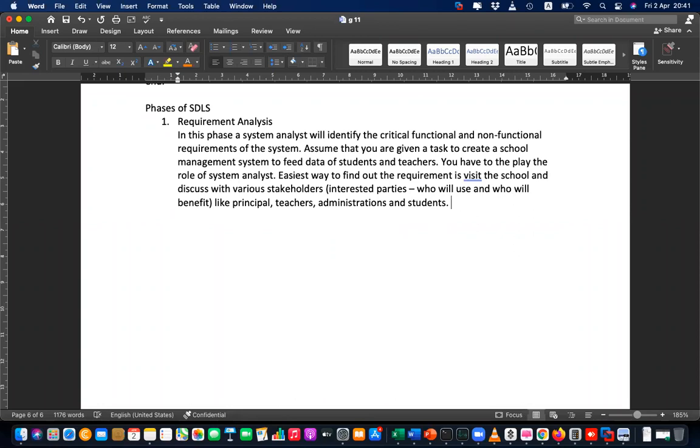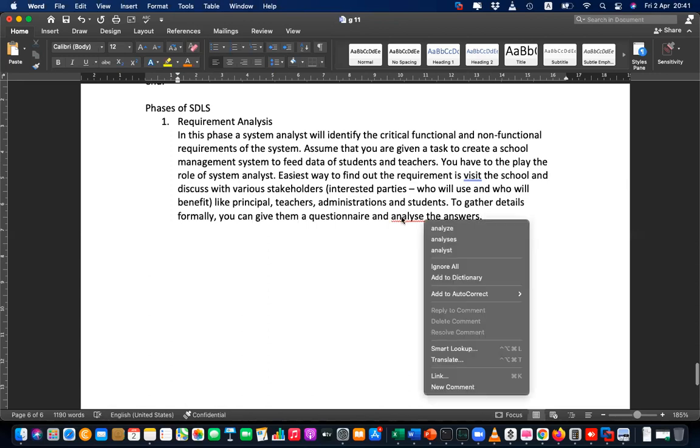In addition to that, to gather details formally, you can give them a questionnaire and analyze the answers. You can give a question paper like thing. So what are the problems that you are facing with the current system?